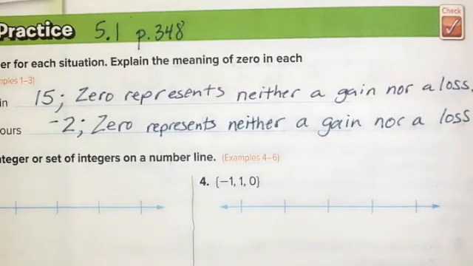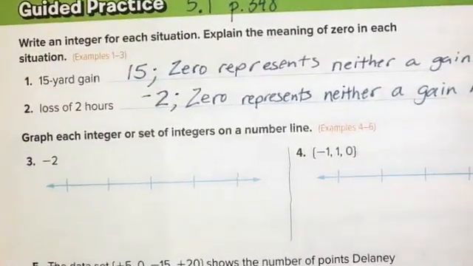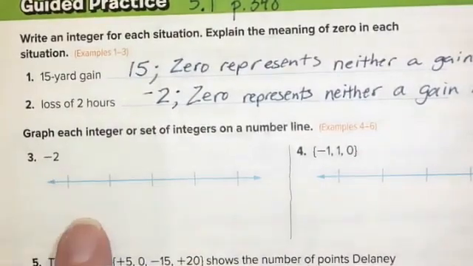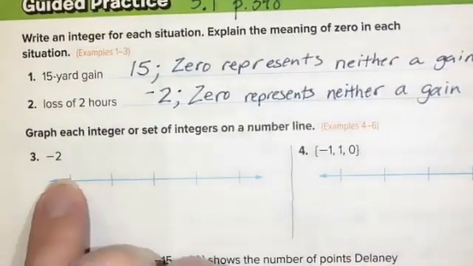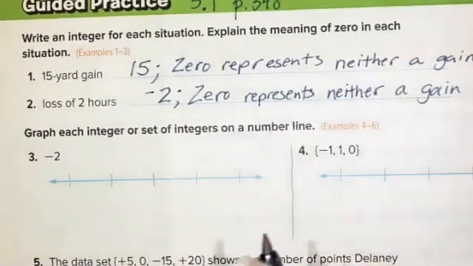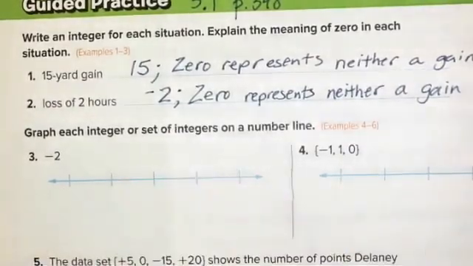And then numbers 3 and 4 ask us to graph each integer or set of integers on a number line. So -2, we have our number line and we want to go ahead and label it. We want to make sure that the -2 will fit on the number line. I'm just going to put 0. It doesn't have to be in the middle, but in this case, it'll fit fine if it is.